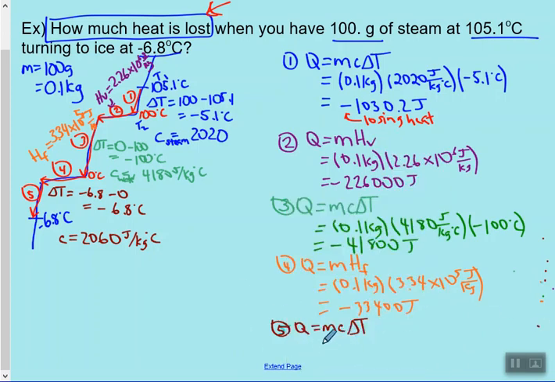So Q equals mc delta T for step number 5. So from ice at 0 degrees Celsius to ice at negative 6.8 degrees Celsius, my mass is 0.1 kilograms. My C value for ice is 2060 joules per kilogram degrees Celsius. Oh, sorry guys. After I have too much ink on here, it really slows down. Darn you, 5-step question.